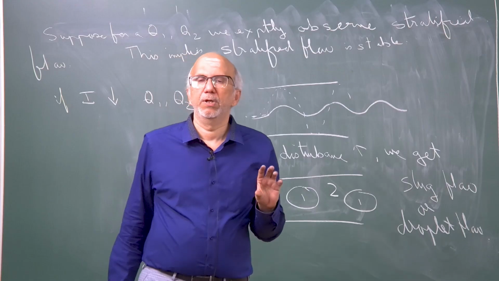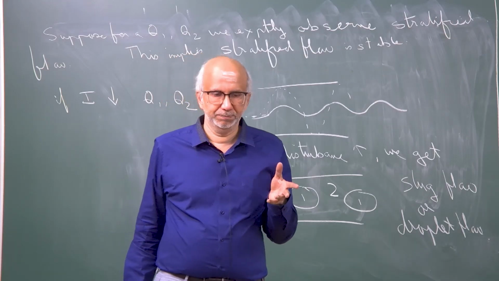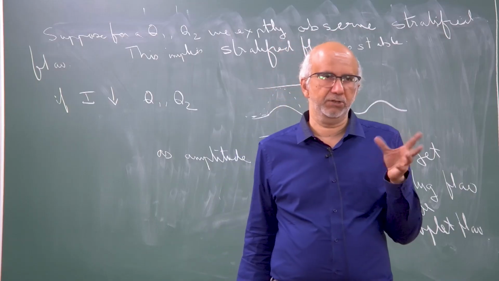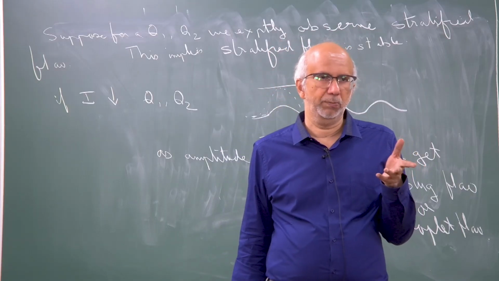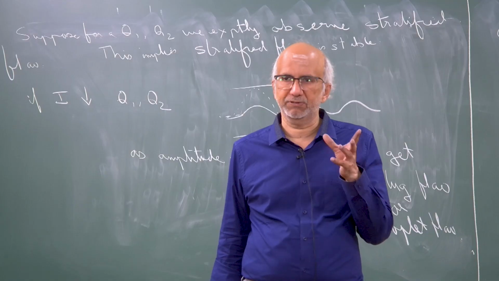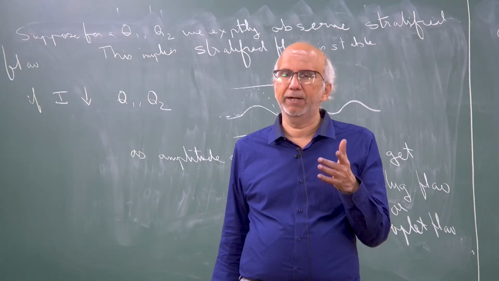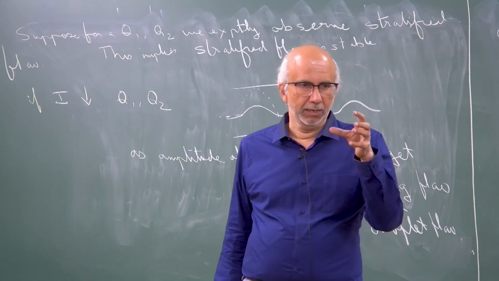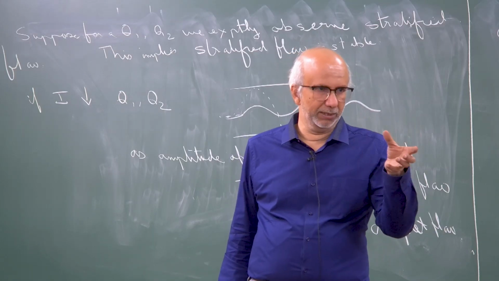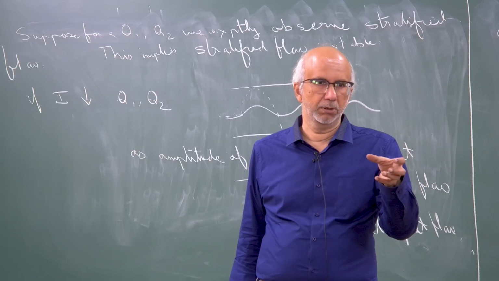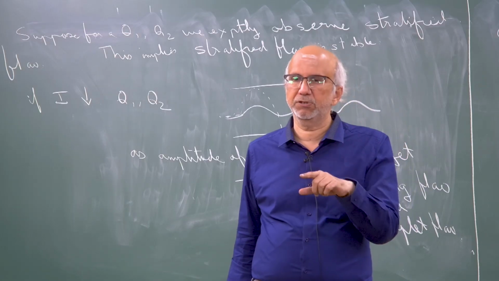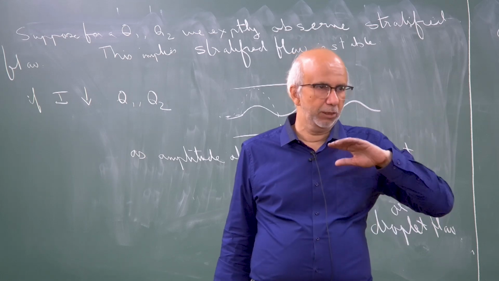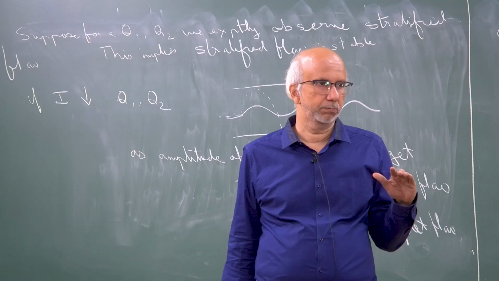And what is going to decide this? This is going to be decided by the interfacial forces, the surface tension forces, which are going to be acting on the interface. If the surface tension forces are dominant, then the surface tension forces will try to break the interface and give you drops. If the surface tension forces are not dominant, the inertial forces are dominant, then you will get stratified flow, okay.